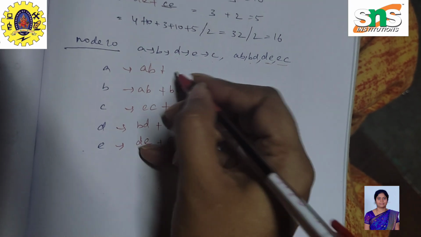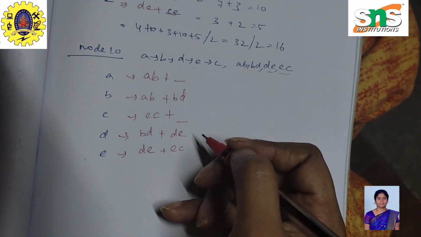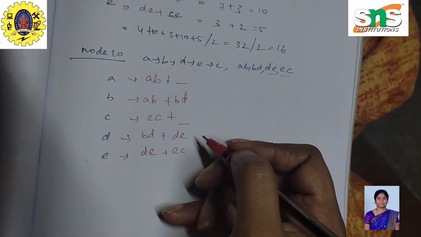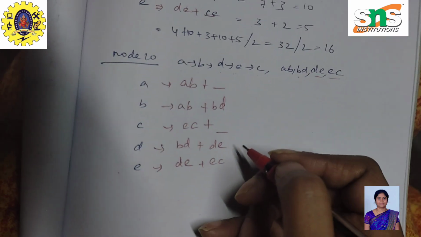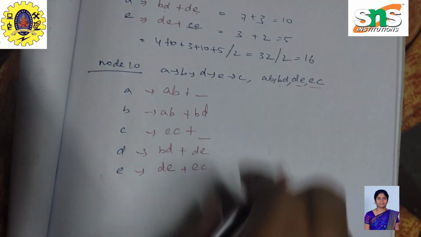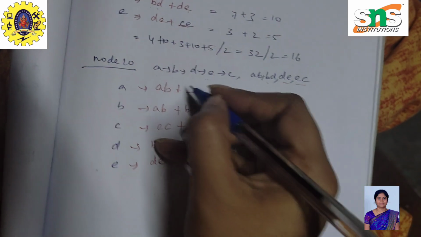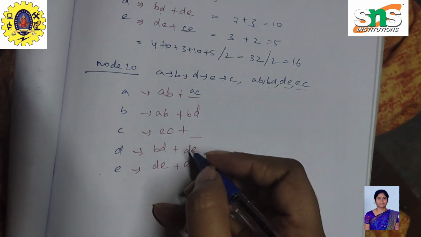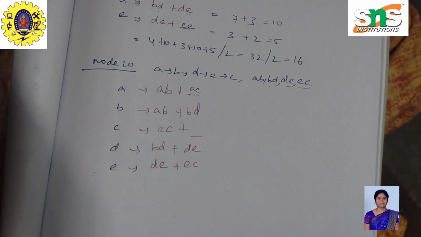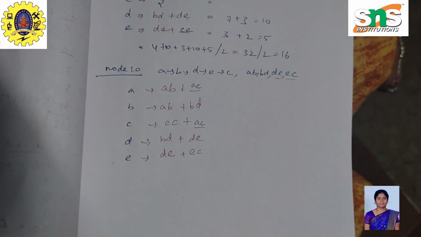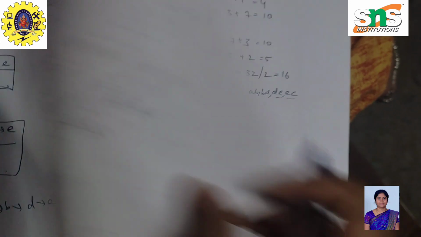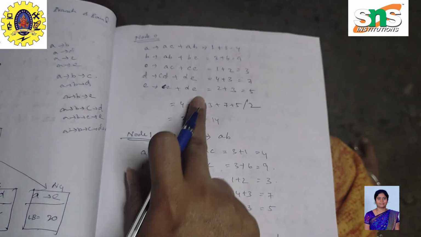So this value and this value we are supposed to find from the node 0. So next remaining lesser value is AC, so C is already found.